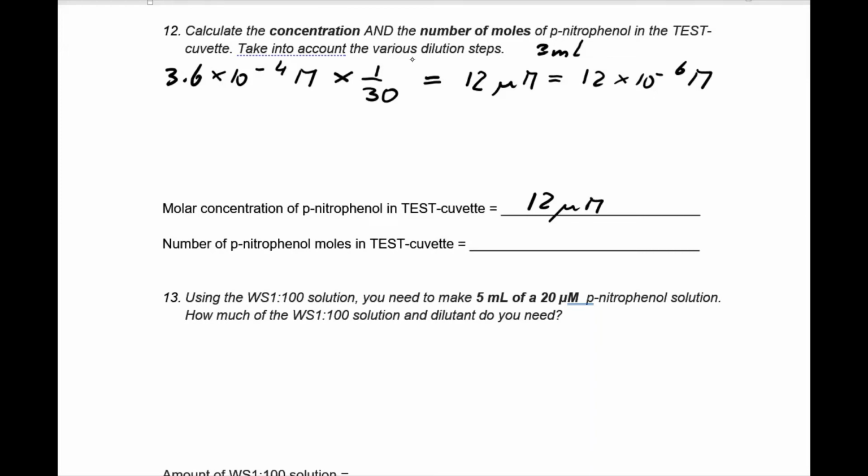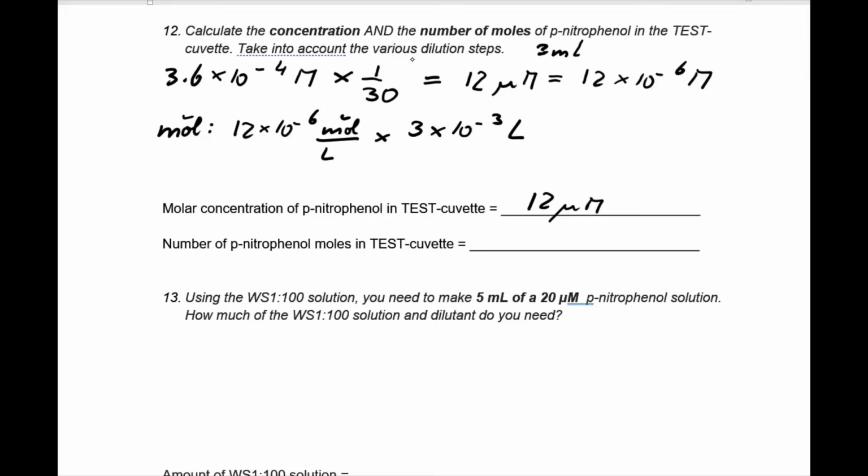So that would be 12 micromolar. And we can easily calculate the number of moles in the test cuvette. So we are looking for the unit mole, and we have 12 times 10 to the minus 6 mole per liter. That's the M here. That's our concentration. The mole is in the right place, but we need to get rid of the liter. So we need to multiply it by the volume of the test cuvette, and that is 3 times 10 to the minus 3. That's the milliliter here.